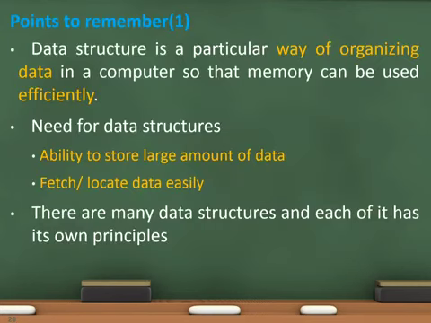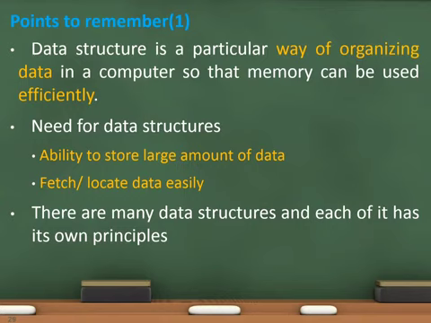Now let's have a recap of this video. First we saw what is a data structure. Data structure is a way of organizing the data in the computer memory, which makes the computer memory efficient. Second, we saw the need for the data structure. There are two points. First one is the ability to store a large amount of data in the memory, and second one is retrieving the data very fast.